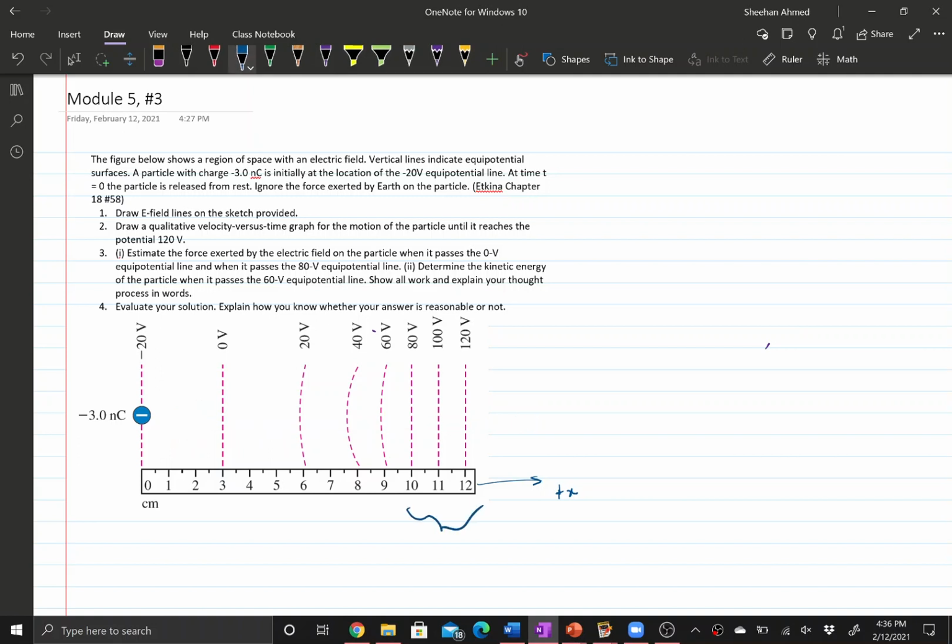So in this first region on the right side, it seems to be uniform and the equipotential lines are pretty close together. That means the potential is changing faster, and since the E field is proportional to negative the change in potential over change in x, that means it's a strong E field over there. How do I depict a strong E field?